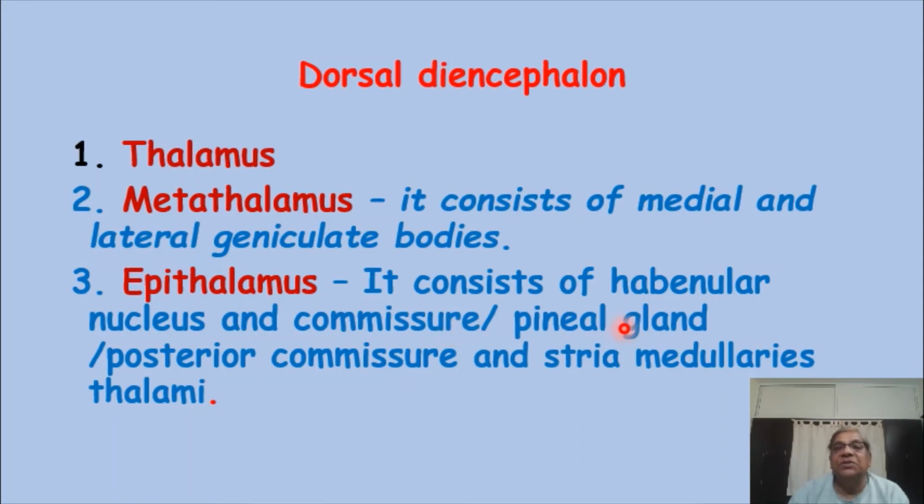Then there is the presence of the pineal gland posteriorly, and close to the pineal gland is the posterior commissure, and the stria medullaris thalami. These are the various parts of the epithalamus. I will try to show you most of this part of the epithalamus.